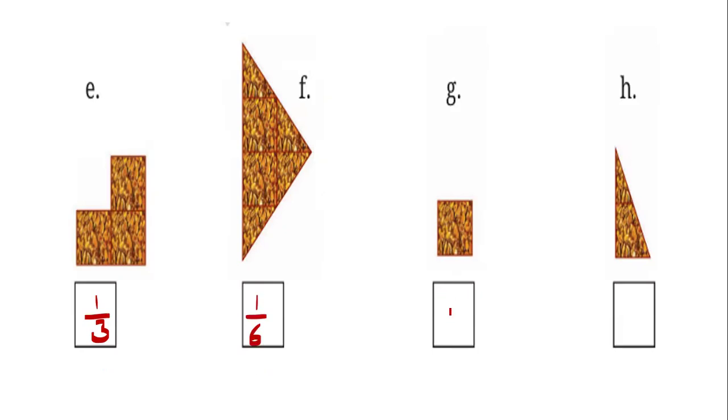This is 1, no pieces are there. This is a whole part. 1, 2. 1 by 2. This completes.